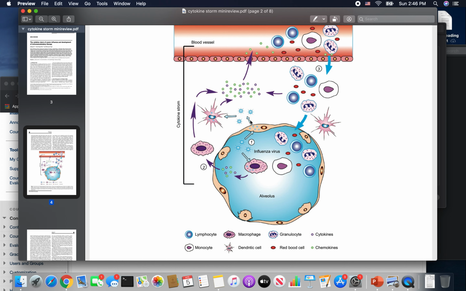The virus can infect dendritic cells, shown right here. As more cells pour in, the dendritic cells and the macrophages can get infected, causing them to dump out more contents, causing a lot more cells to come in and fight in this area. And so you end up with this storm.